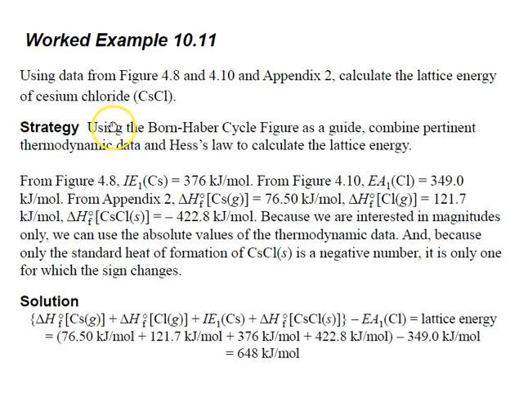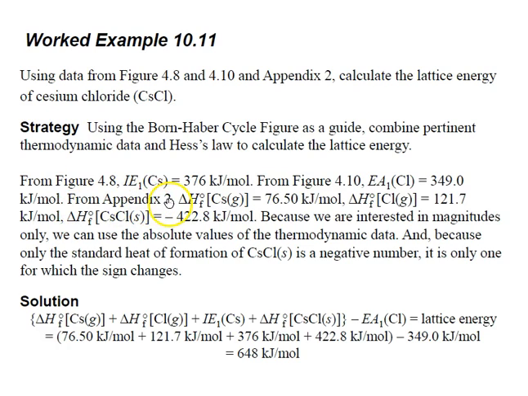All right, so our strategy here is using the Born-Haber cycle figure as a guide, combine some pertinent thermodynamic data, and Hess's law to calculate the lattice energy. From figure 4.8, we can get ionization energy of cesium, which is 376 kilojoules per mole. From figure 4.10, we can get the electron affinity for chlorine, which is 349 kilojoules per mole.